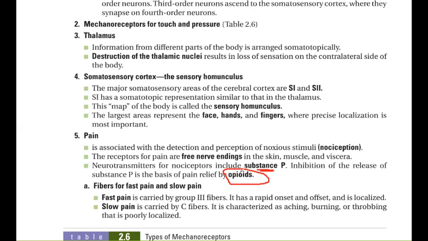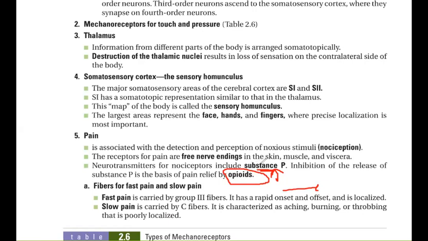All these drugs which are opioid in nature work on substance P. They inhibit the release of substance P. So the nerve endings do not release this neurotransmitter, it does not carry signals further, and no response is there. When there is no response, there is no pain. So opioids work on substance P.